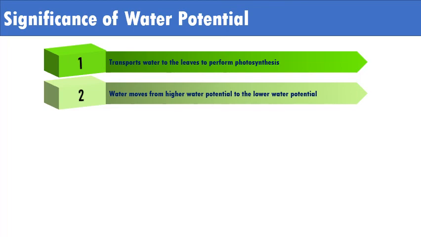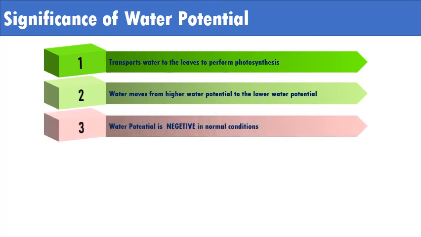And water moves from higher water potential to lower water potential. This is always the direction, just like any osmotic or diffusing physical concept. Water potential also obeys that law of nature, and this is what we should understand.